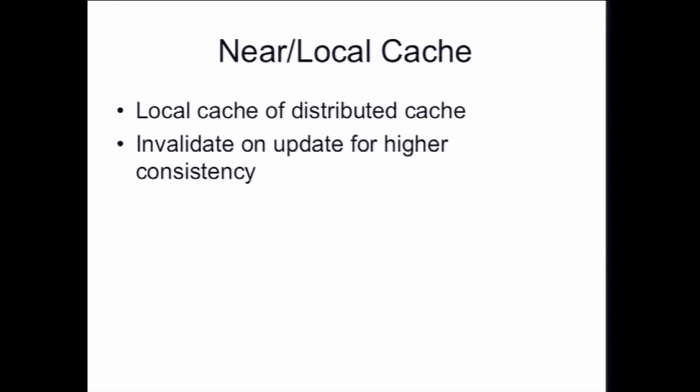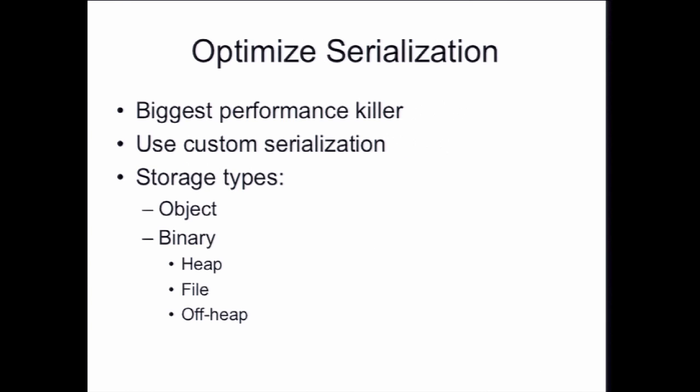So if your updates are very high, try to use TTL based near caching. That's a lot better.